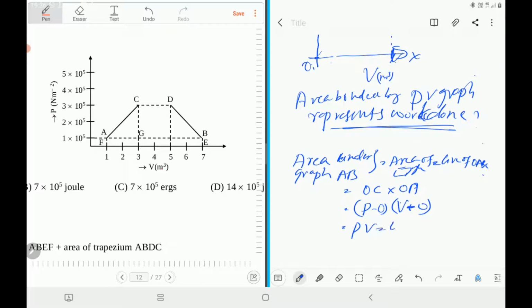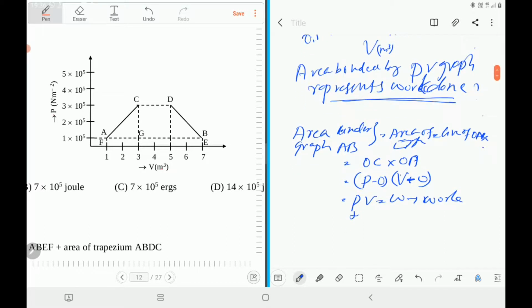This is work actually. How do you know it is work? You write down the unit. What is the unit of pressure? Newton per meter square. What is the unit of volume? Meter cube. So 1 meter remains here, 2 meters get cancelled, and you are left with 1 Newton, 1 meter.